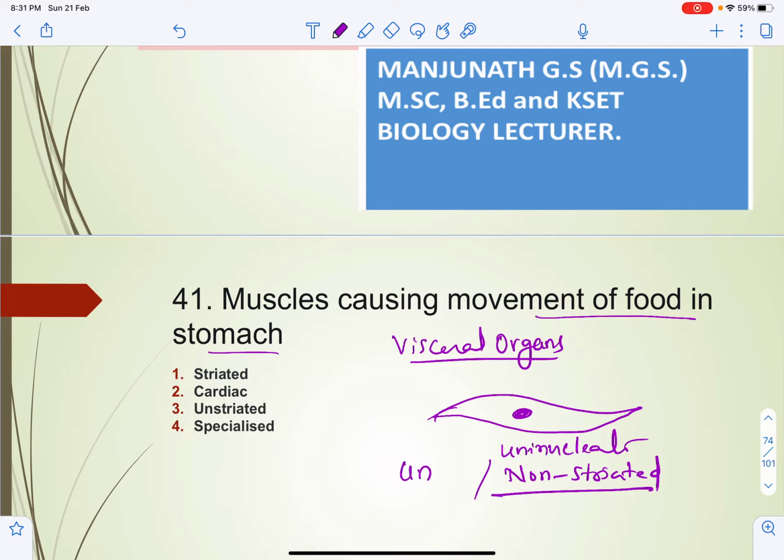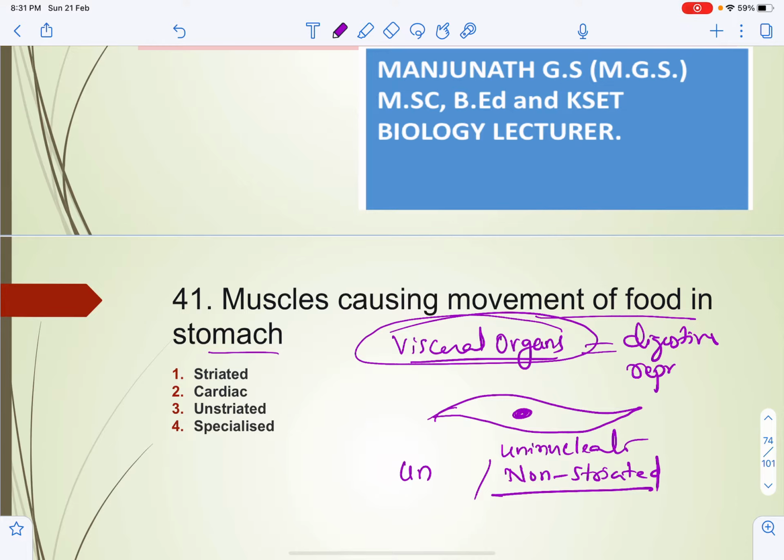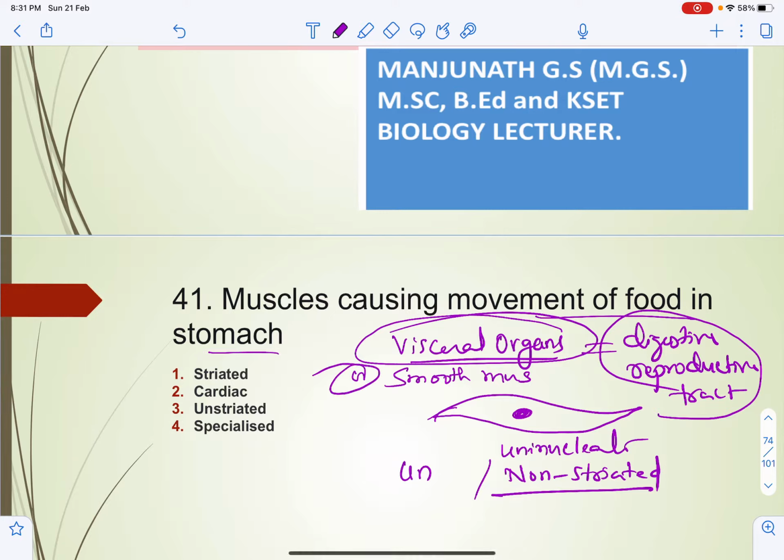So the visceral organs, like the digestive tract and the reproductive tract, have these muscles. Hence they are also generally called smooth muscles.